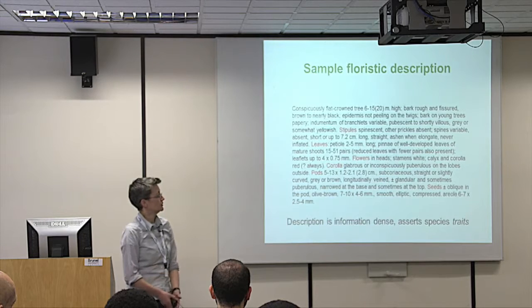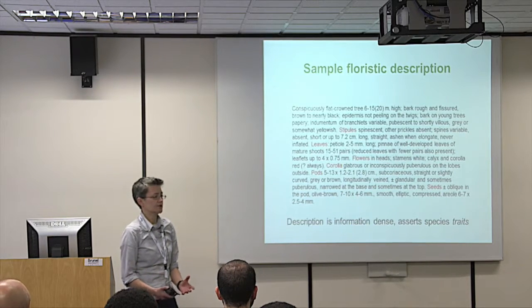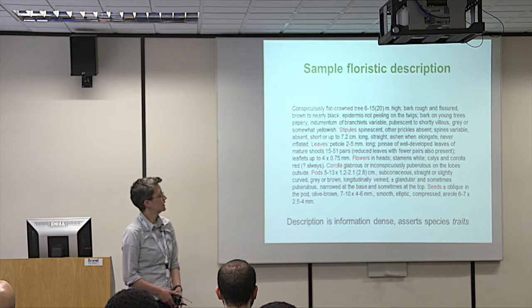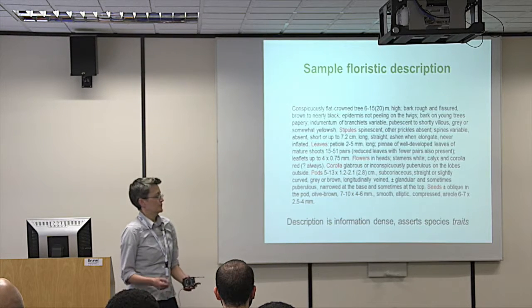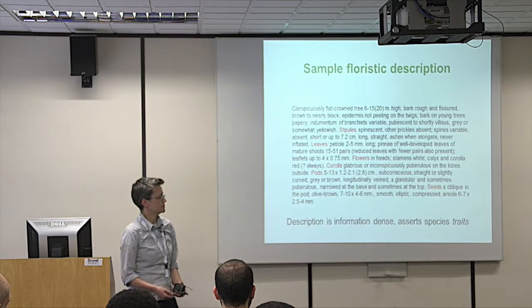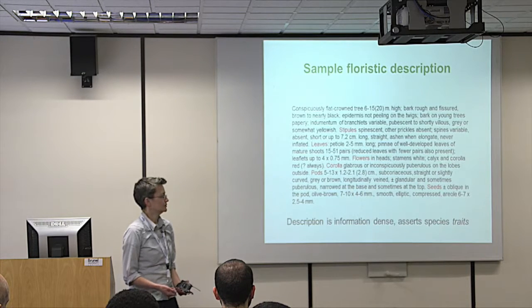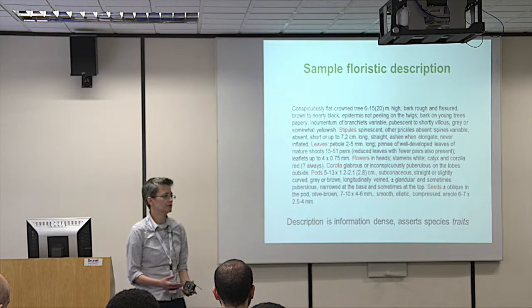So what these kind of descriptions do is they assert species traits, and that's that a species has a particular characteristic and a particular state for that characteristic. And this is something that biodiversity researchers are very much interested in, because they tell you something about the way the species interacts with its environment, and traits can be used to assert species holding some particular traits may be more vulnerable to decline than others.